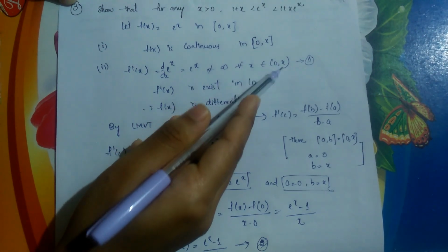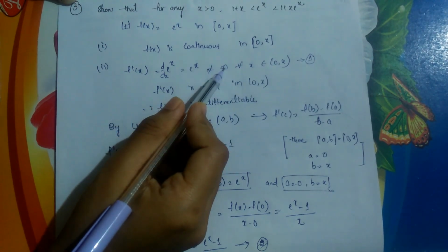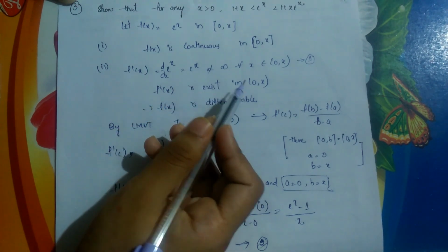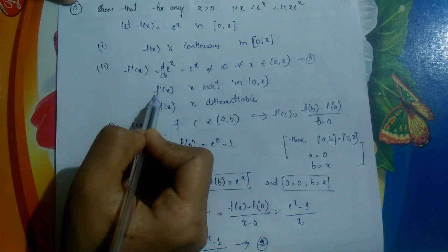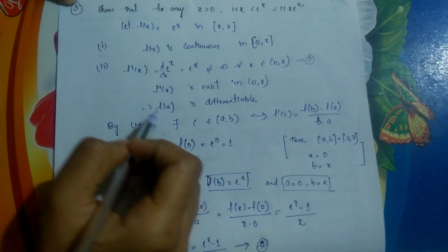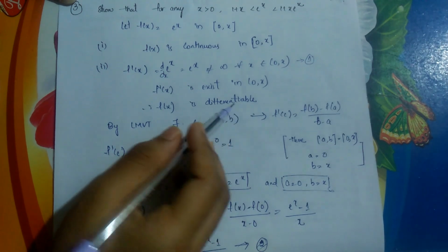Whatever values you take here, you will not get any infinite value. Even if you take 0, e power 0 becomes 1, so we get a finite value. Therefore f dash of x exists in the open interval 0 to x. Therefore f of x is differentiable.